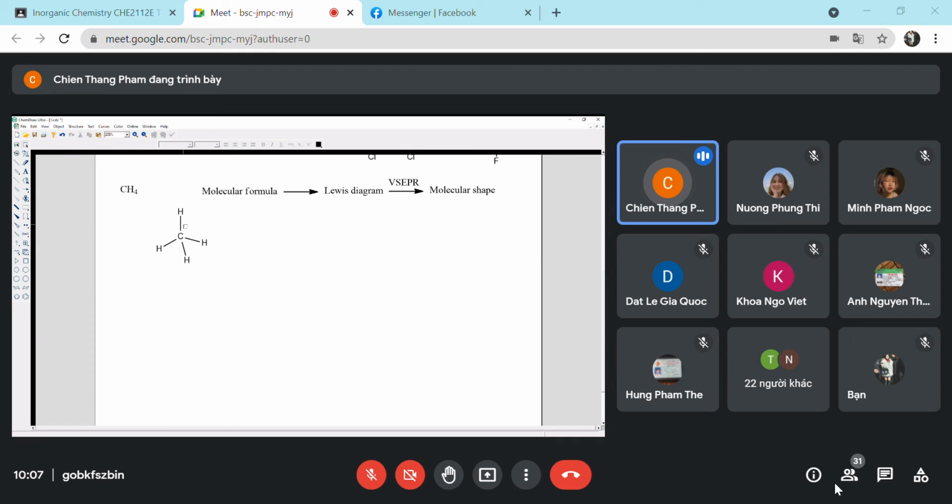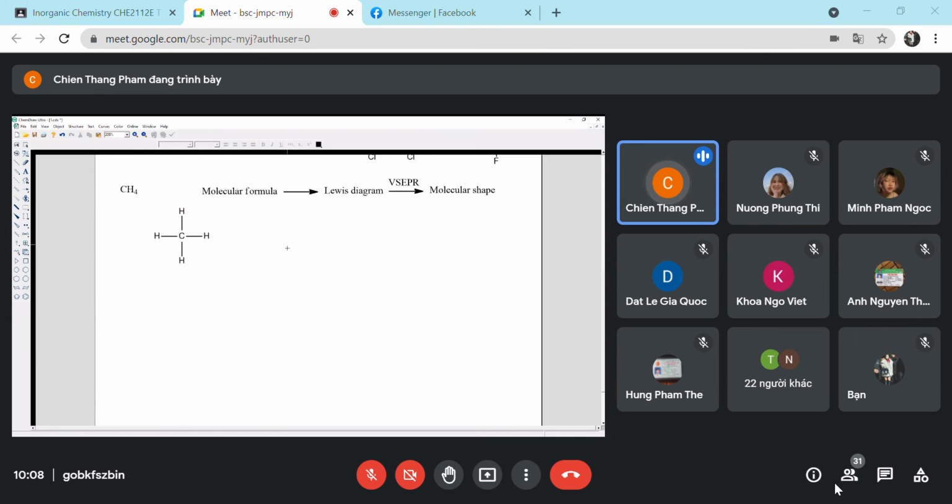Now you can see that surrounding the carbon atom, there are 1, 2, 3, and 4 electron pairs. With 4 electron pairs, the molecular shape is a tetrahedron.